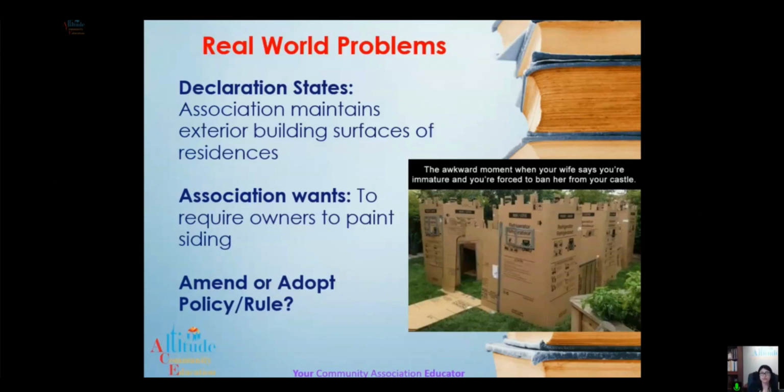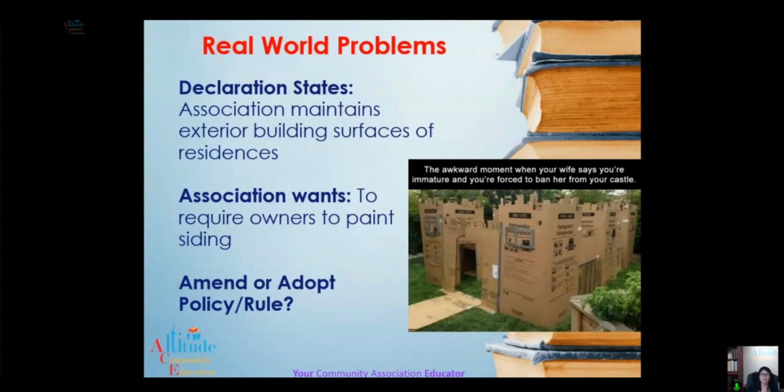And I don't think you can interpret maintenance of exterior building surfaces to exclude painting. So this is really an association obligation that cannot be shifted to the homeowners while this particular language is in there. The association maintains exterior building surfaces of the residence. We cannot shift the painting obligation of the siding to the homeowners.